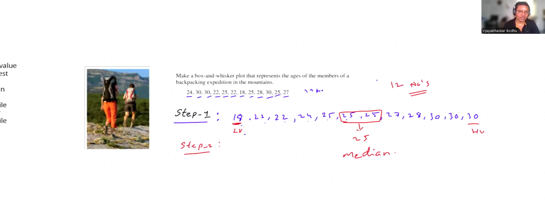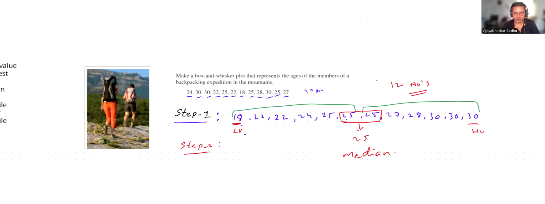So what about quartile 1 and quartile 3, that is, the lower and upper quartiles? How do you find them? Divide the total data into two equal halves, from 18 to 25 and 25 to 30. That means the first six numbers are the first half, and the next six numbers are the second half. Among the first six, again find the median.